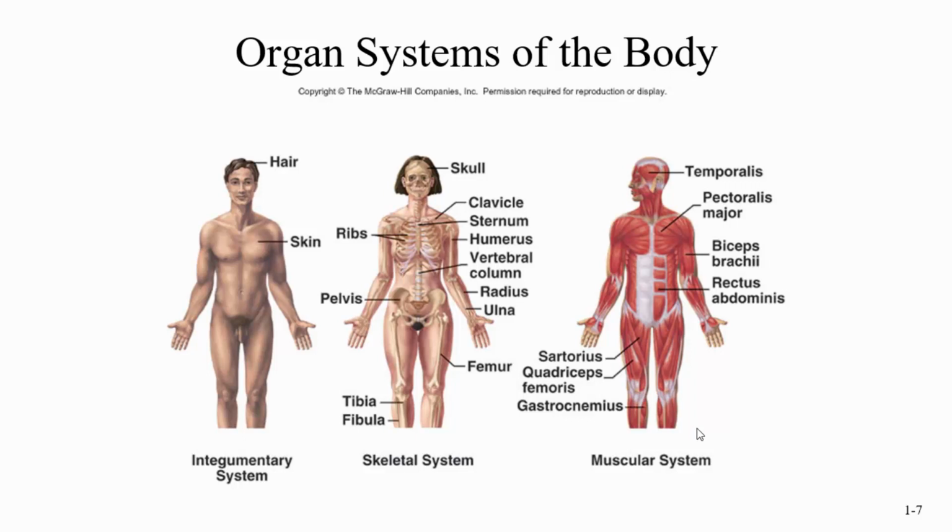And when we talk about the muscular system, there's actually different muscles. There are the skeletal muscles, and that's normally what we think of. And when we cover the muscular system, we kind of put heavy emphasis on these skeletal muscles. But you also have cardiac muscle, which is the heart.